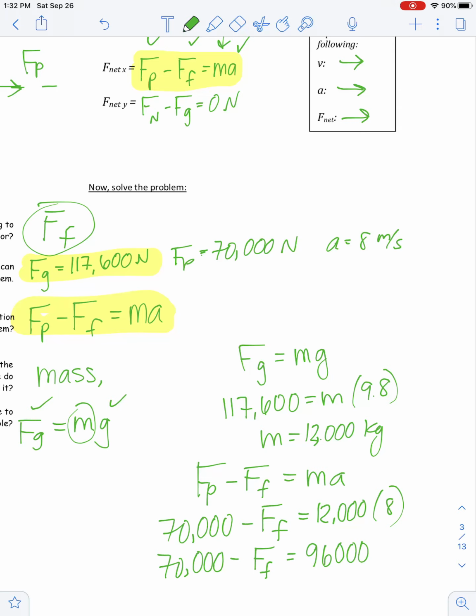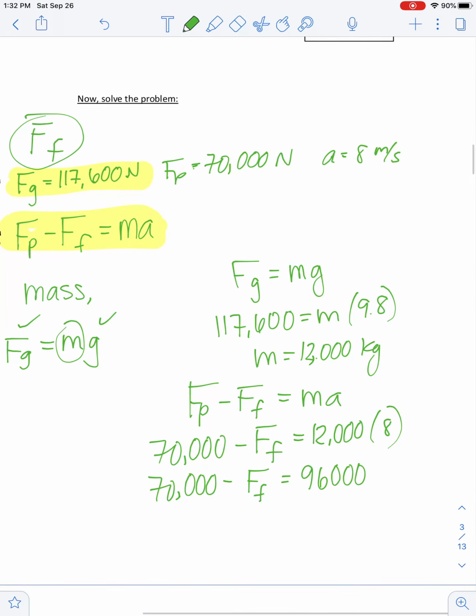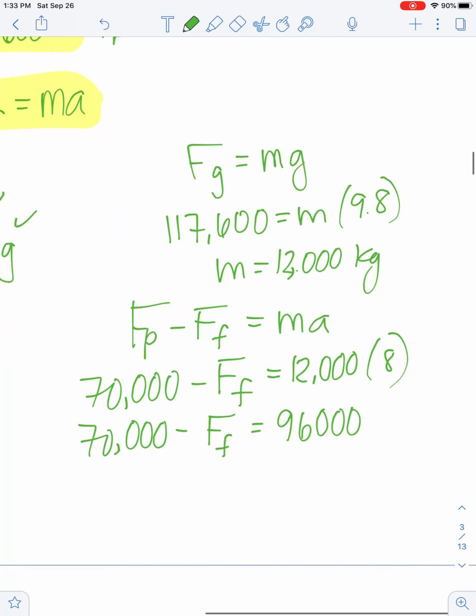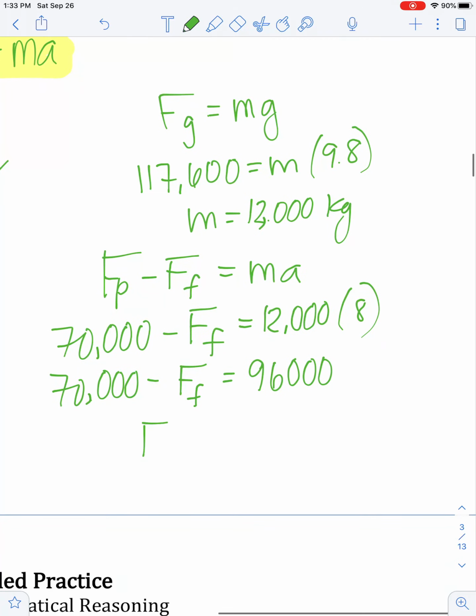Looks like Mrs. Rona might have made up a bad problem here. Let's try it. So 70,000 minus 96,000 is equal to negative 26,000.